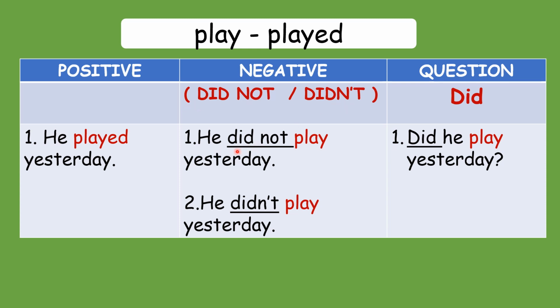Number 1, he did not play yesterday. Number 2, he didn't play yesterday. So if you use did not or didn't, you have to go back to the original verb. For the question, we have to use did. Did he play yesterday? So go back again to the original verb.